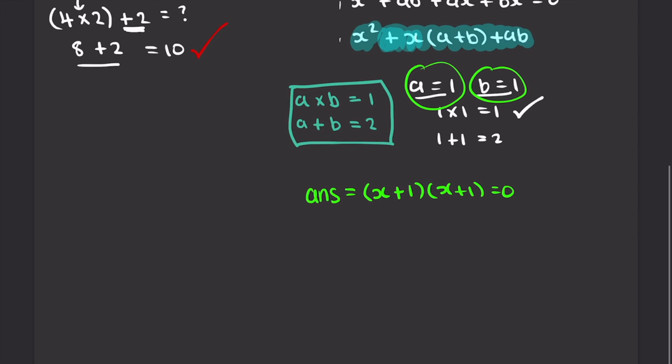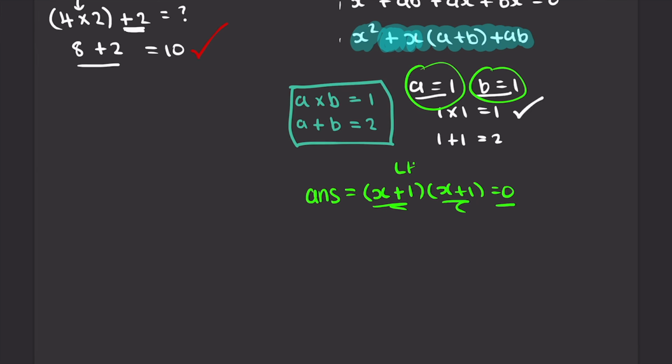Now, this is not the final answer. This is the answer of factorization. So what we need to do is set both of these, because now we have two separate equations, pretty much, and set them equal to 0.